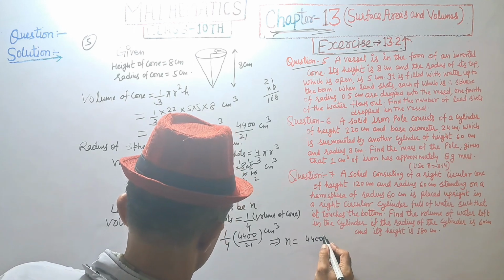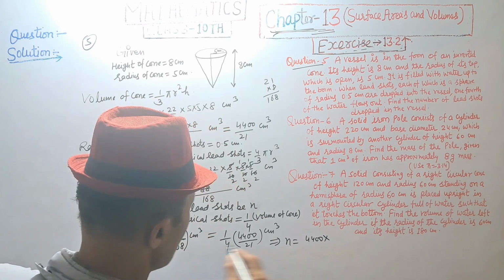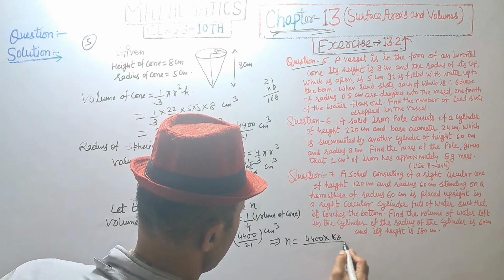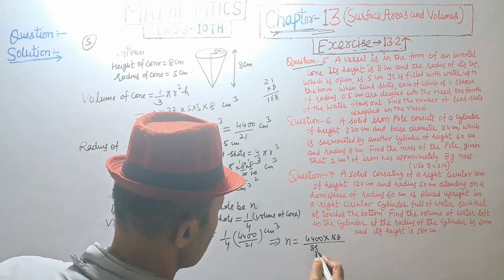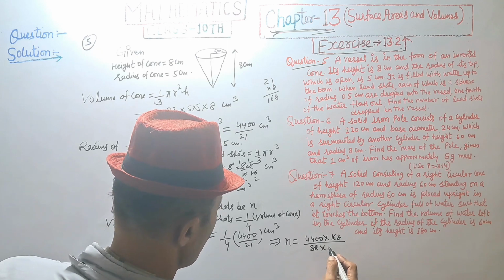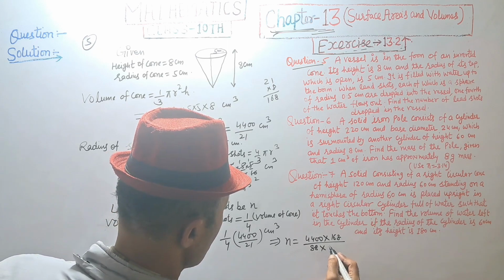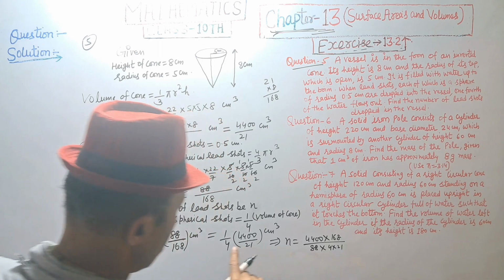4400 into 168 divided by 88 into 4 into 21.